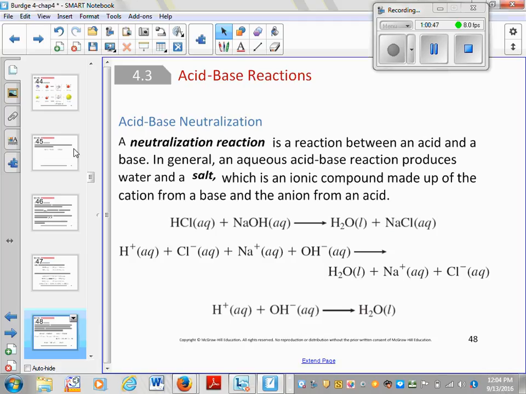So if you look at the first one, hydrochloric acid plus sodium hydroxide, later on we're going to switch to cations. It's called a double replacement reaction because you're just switching both. So we end up with NaCl, which is salt, and HOH, which is water.